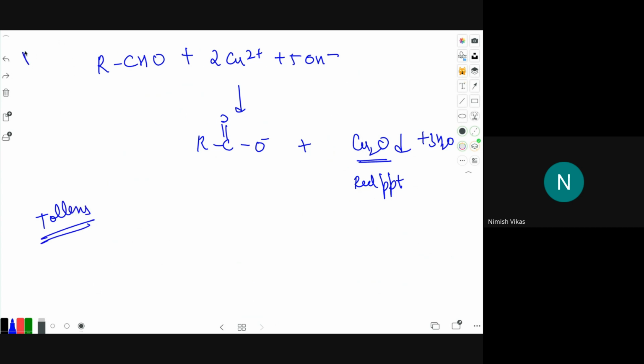For Benedict's, the same reaction is also there and the same observation is also there, that you will get red precipitate everywhere.